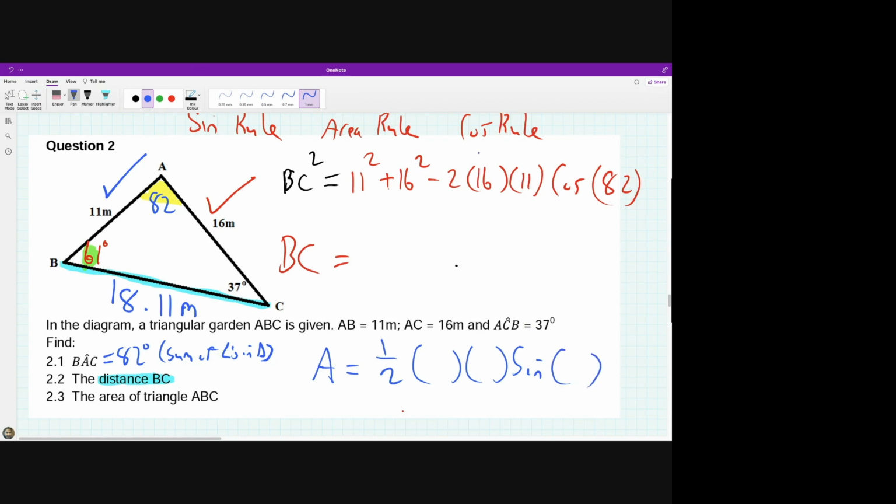Now, we could use any combination of sides here, but because we know for sure these are 11 and 16, I'm going to use 11 and 16. And the angle between 11 and 16 is 82. So find me the area of this triangle.